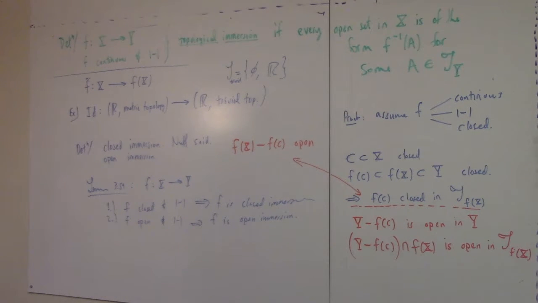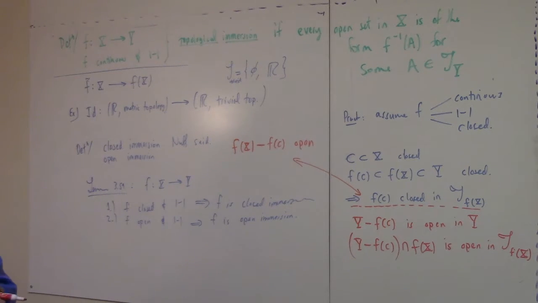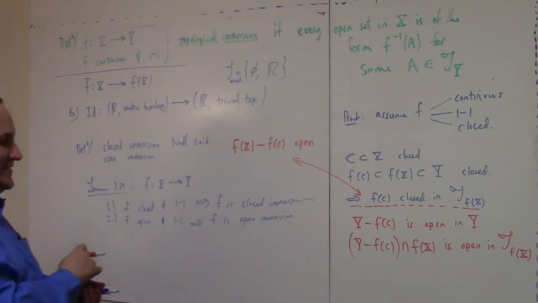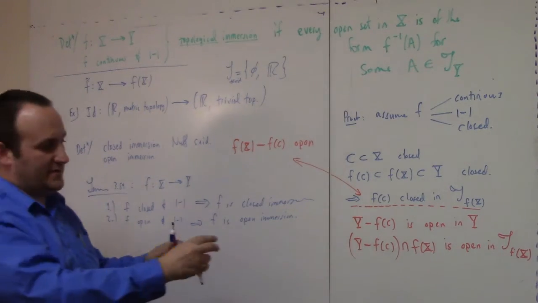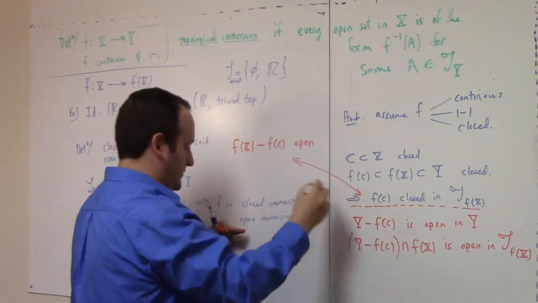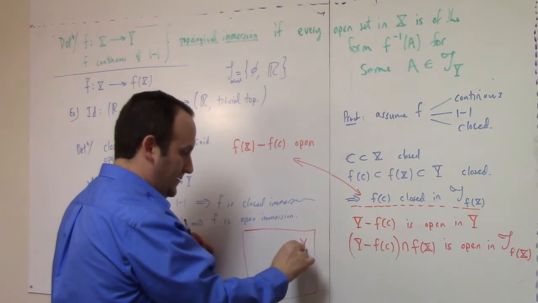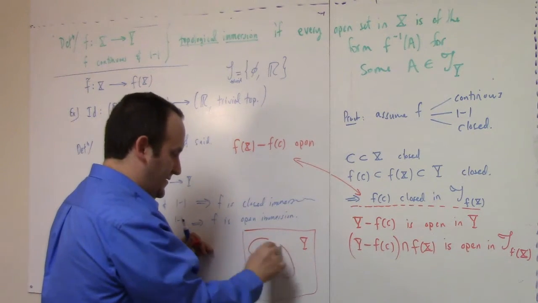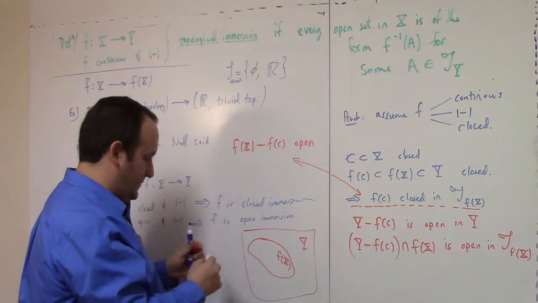Oh. Intuitively I can see that's exactly what this is. Think about this set. Here's a picture. Here's Y. Here's f of X, which is open.